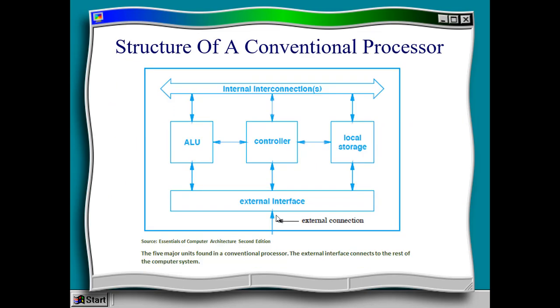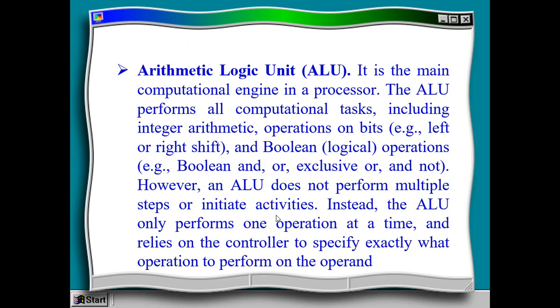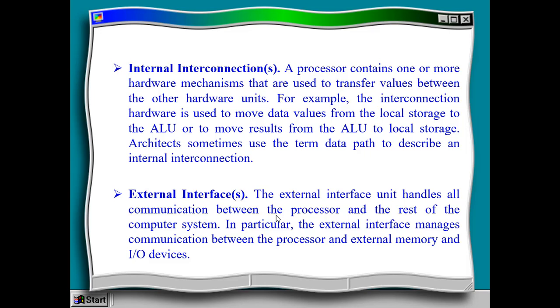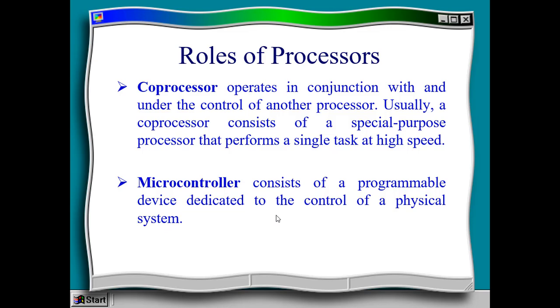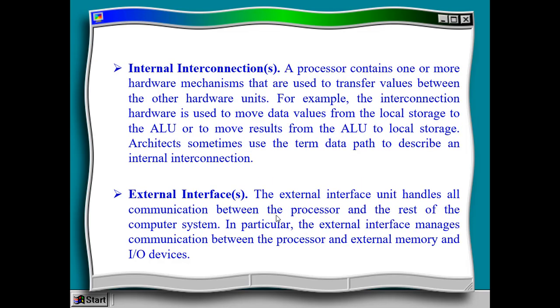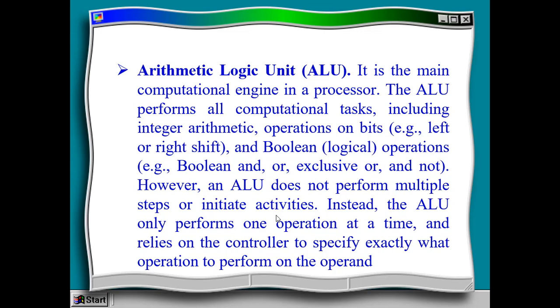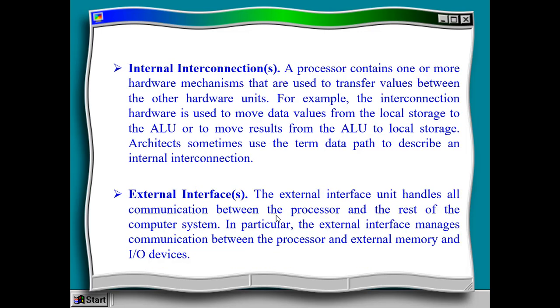All right, so you can see we have the arithmetic logic unit. Something very key that we need to discuss, which I haven't written or mentioned there, is the local data storage.